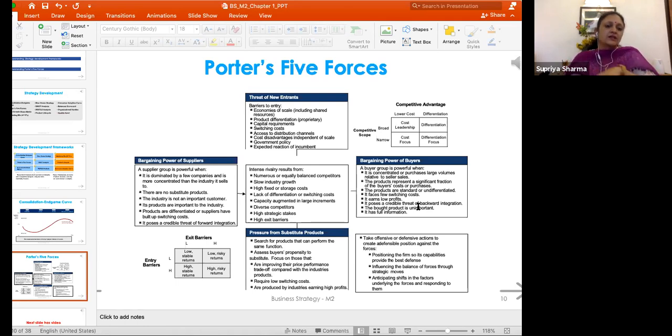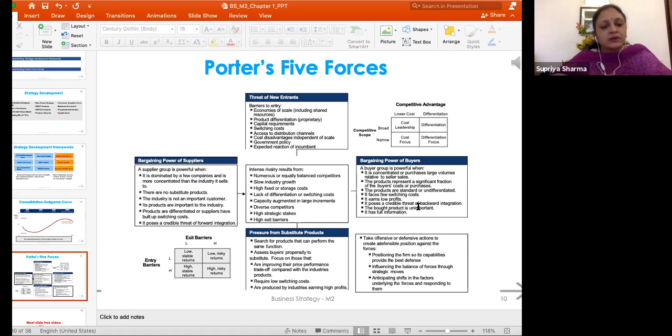See, when strategy fails, the price that one has to pay is huge. Financial, moral, emotional, every which way. It's a huge loss. So these strategic models, sometimes we just feel, achha, humein ye karna chahiye.